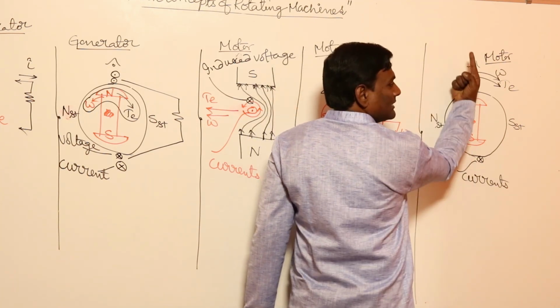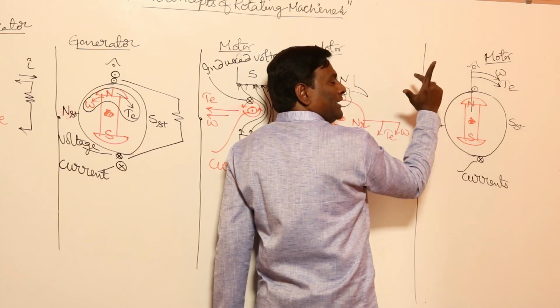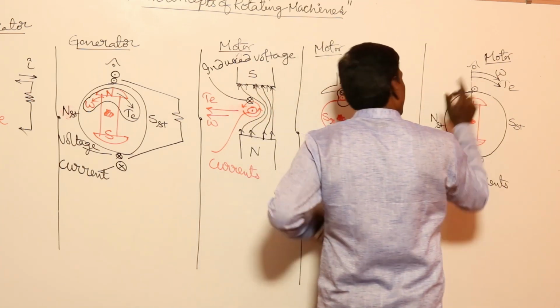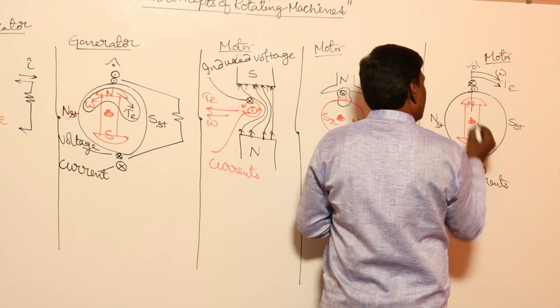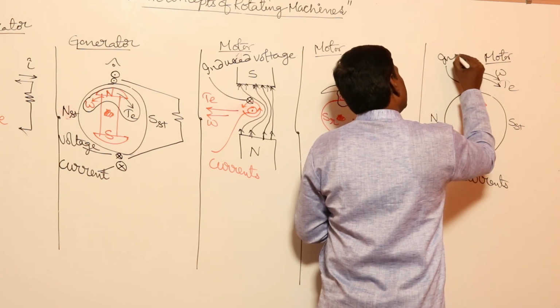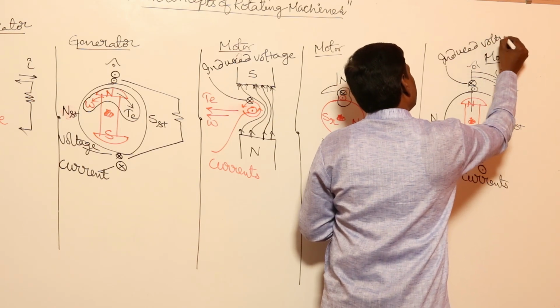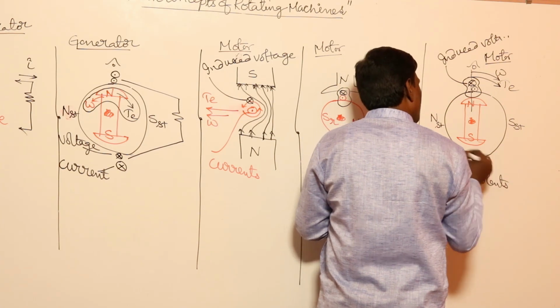So flux is in this direction, the conductor is rotating in this direction, which means my induced voltage should be into the board. These are induced voltages. So here also currents and voltages have to be in opposite directions.